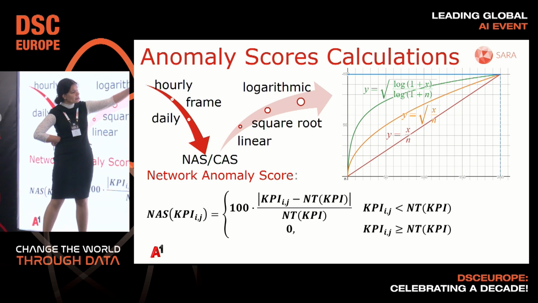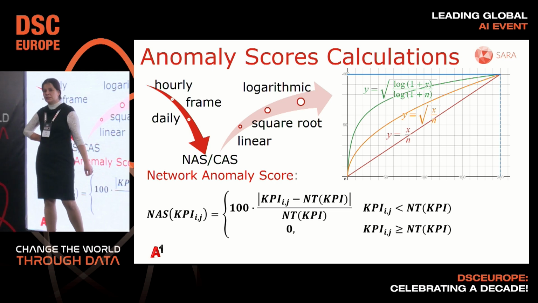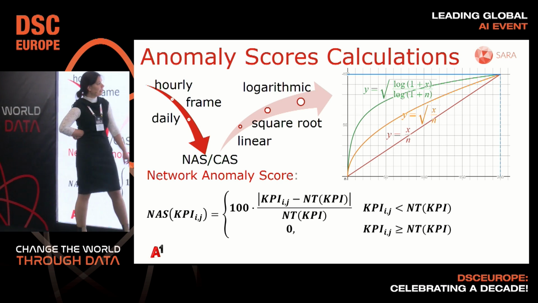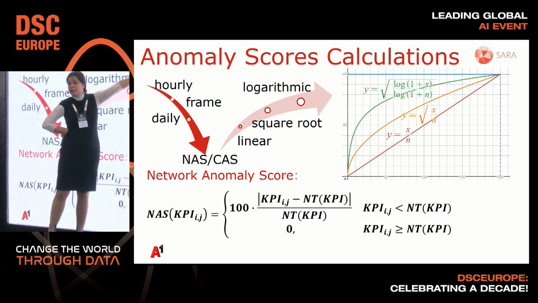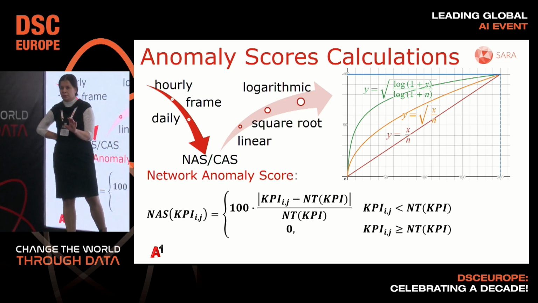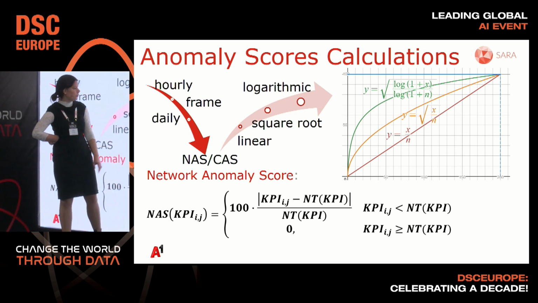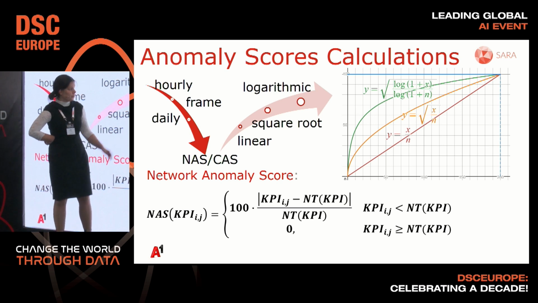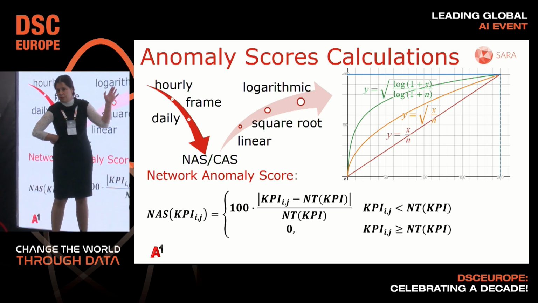And on this graph, I can maybe easily explain what is going on. If we have completely degraded cells with anomaly scores of 100, it never happens, I think, in any OPCO, in any country, with any operator, because it would mean that nothing is working.